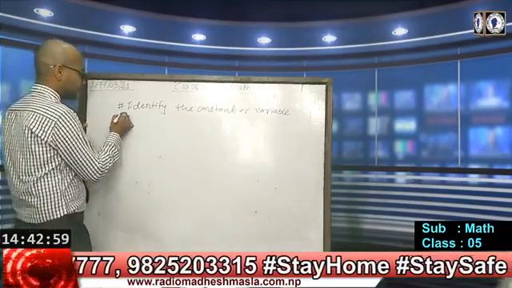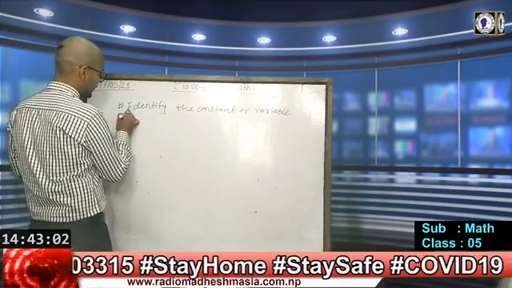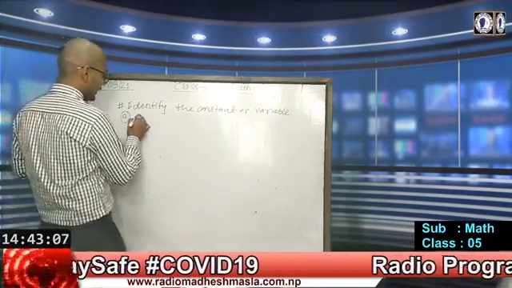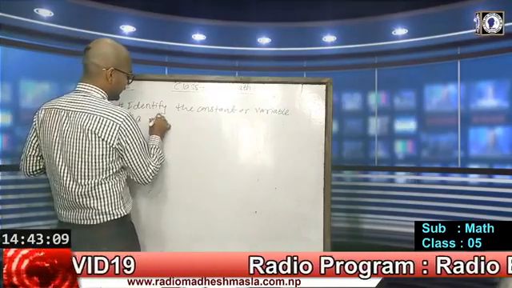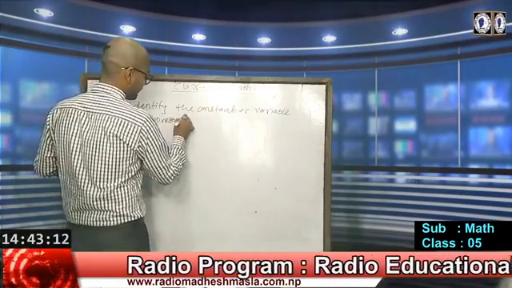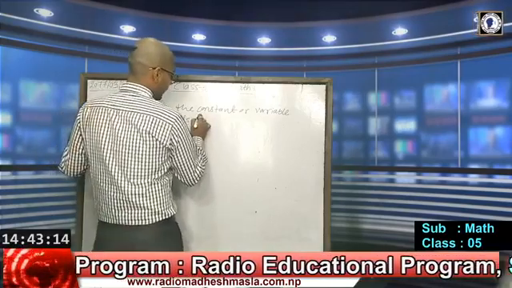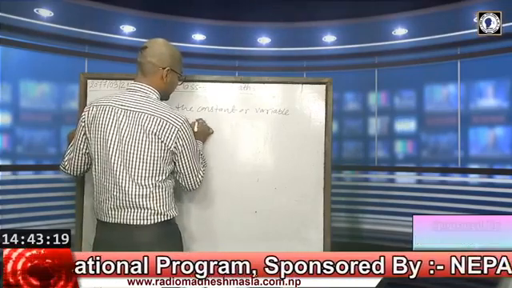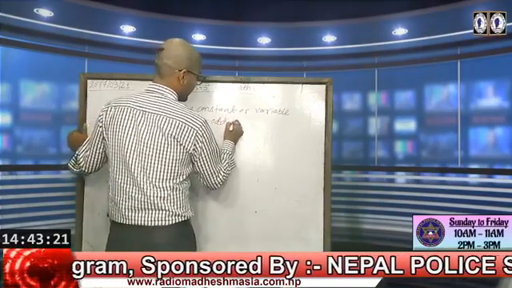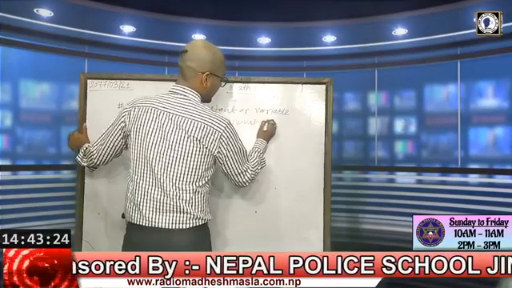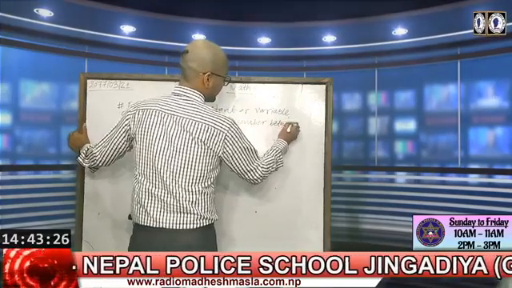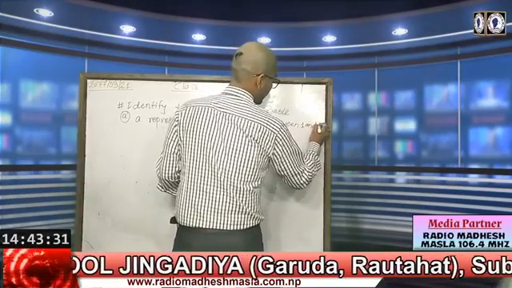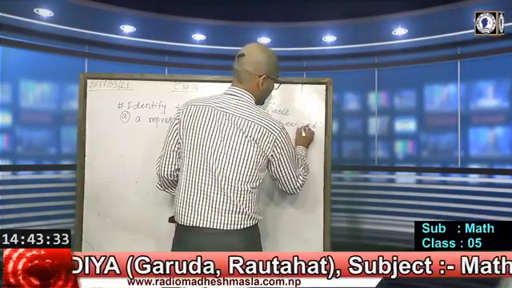Suppose in the question there is part A, and the question is like this: A represents an odd number between 2 and 4.